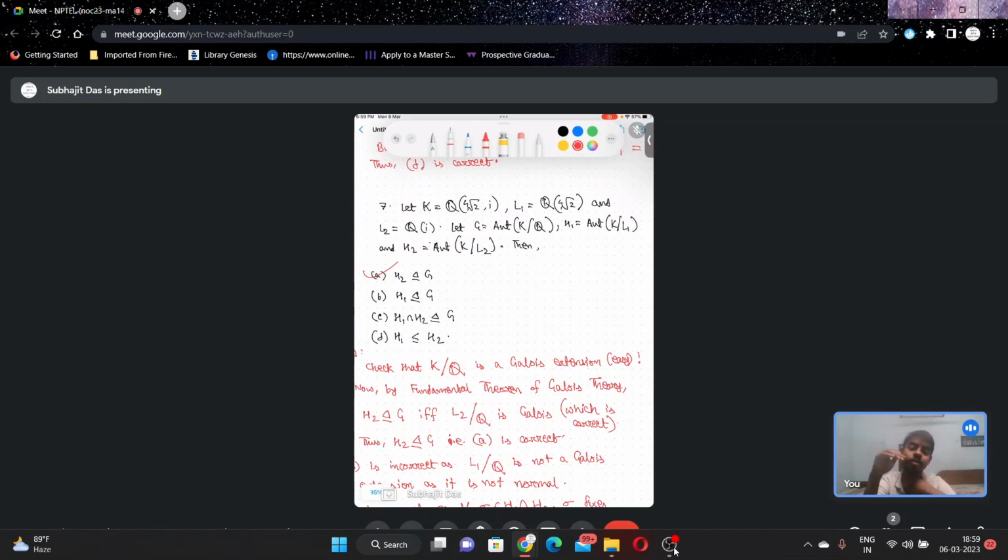So the automorphism group of K over L1, which is H1, I am claiming that this is a non-trivial group, right? Why? We are again using the fundamental theorem of Galois theory here. You know that the subgroups of the Galois group are in bijective correspondence with the intermediate subfields of the given Galois extension, okay?